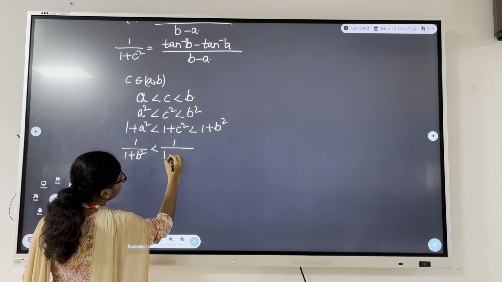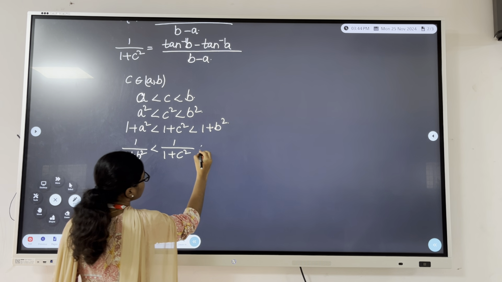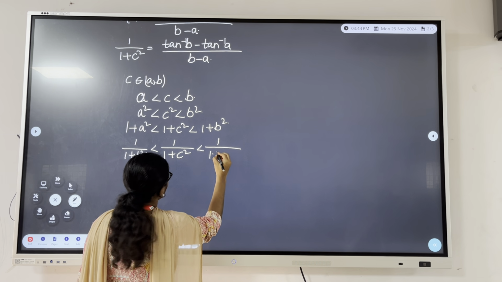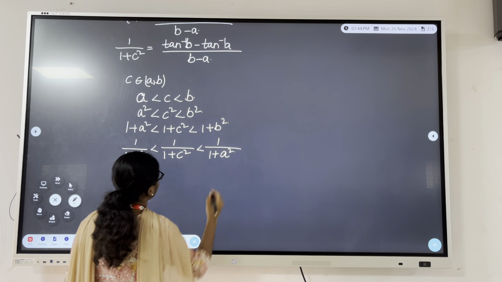One by 1 plus c square is less than 1 by 1 plus a square.